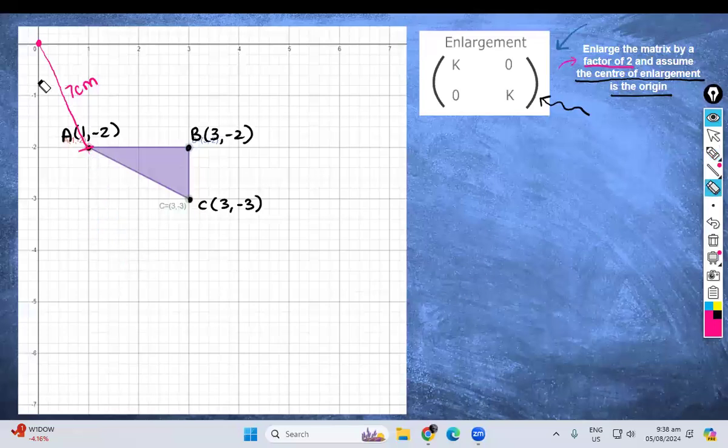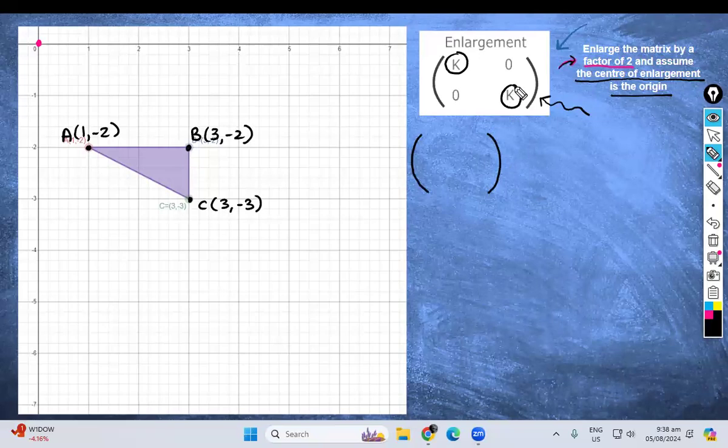But let's say the examiner doesn't want us to use the drawing method. He says, hey, you have to use the enlargement method. If I say you want to enlarge it by a factor of 2, what do you think you're going to replace the letter K with? It's not even a trick question.